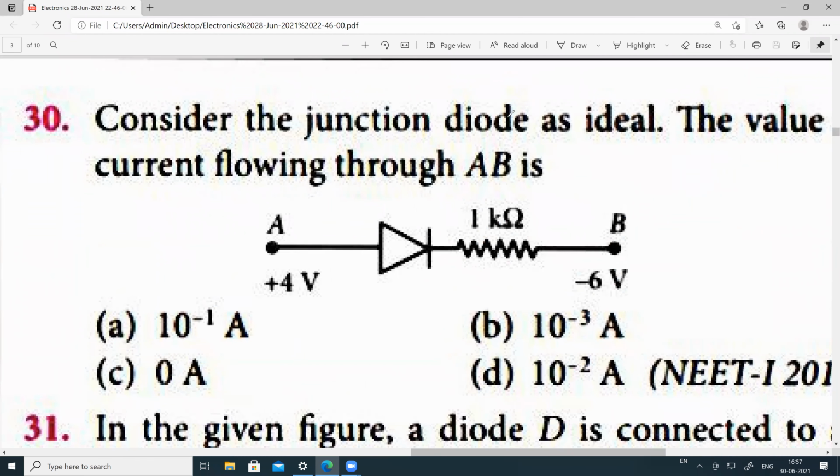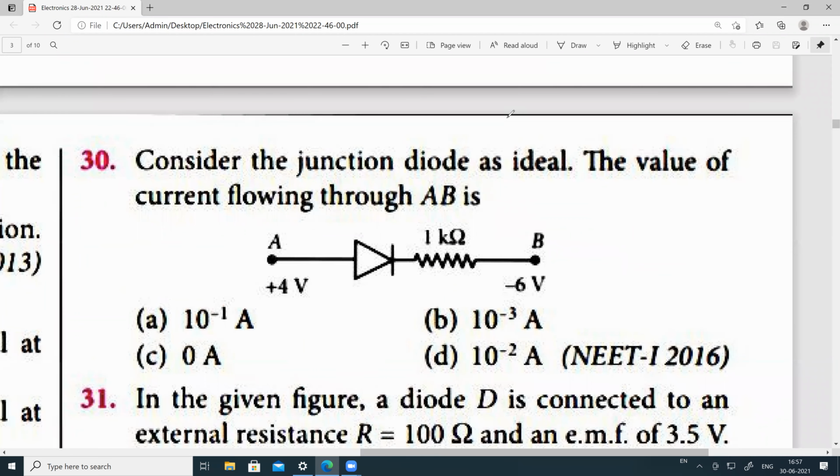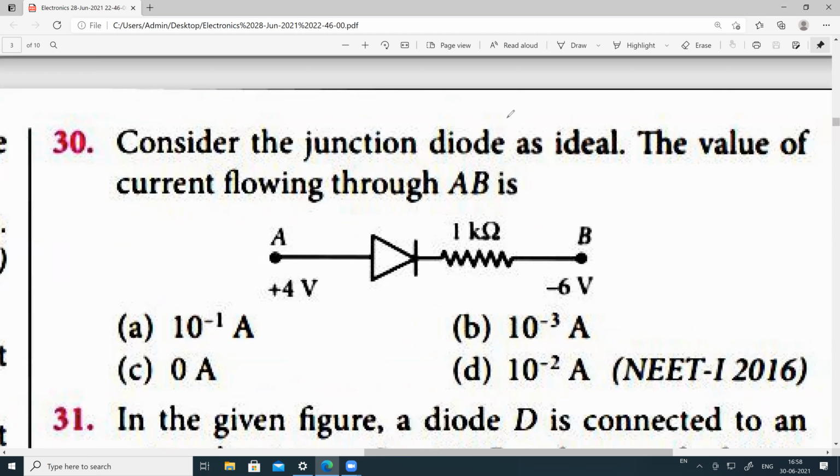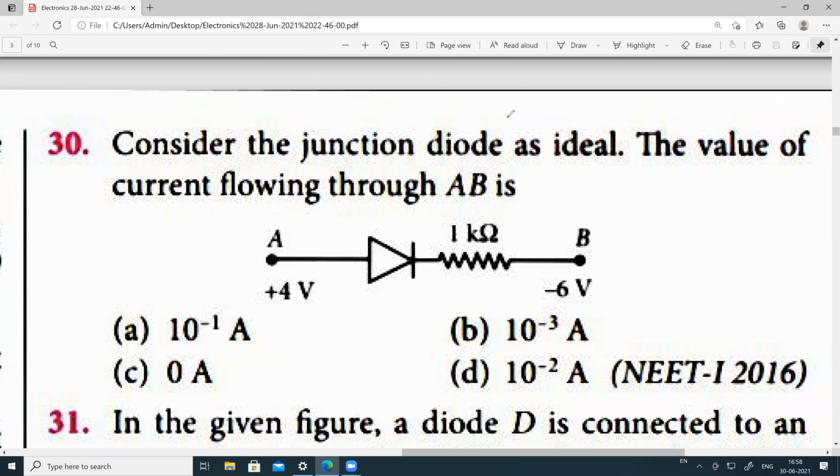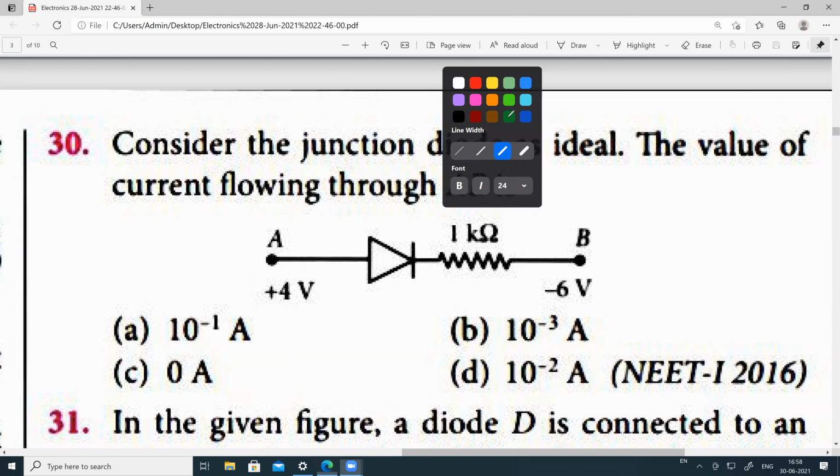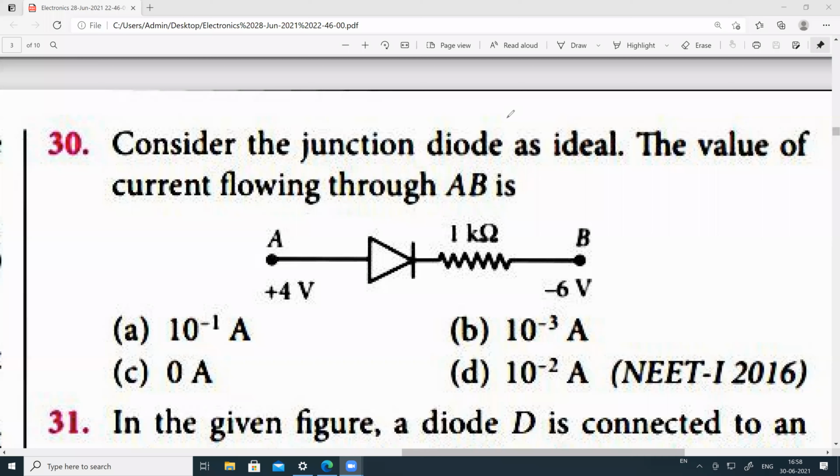Next, 30th one. Consider the junction diode as ideal. The value of current flowing through AB is: 10 to the power of -1 ampere, second one 10 to the power of -3, third one 0, fourth one 10 to the power of -2 ampere. So for 30th one, the p-n junction diode is forward bias, hence it offers zero resistance.